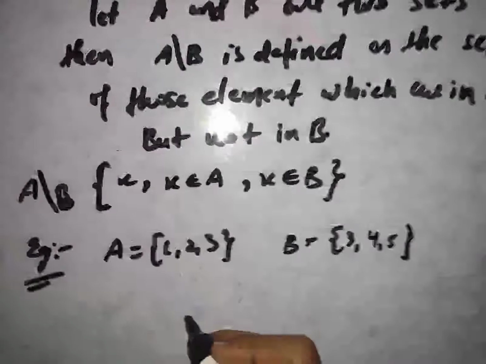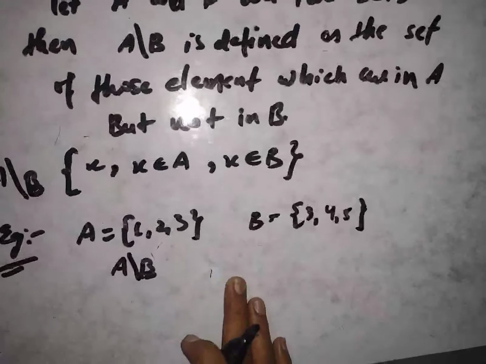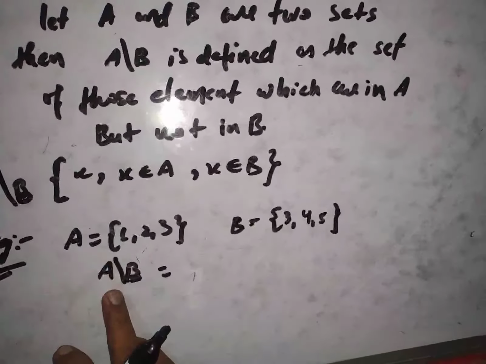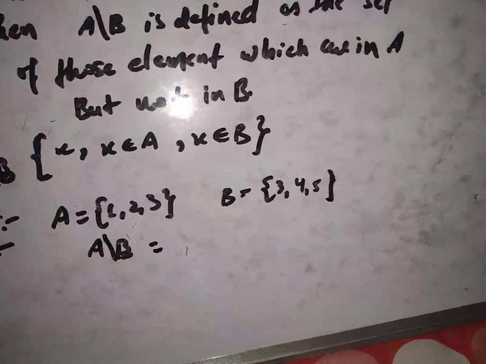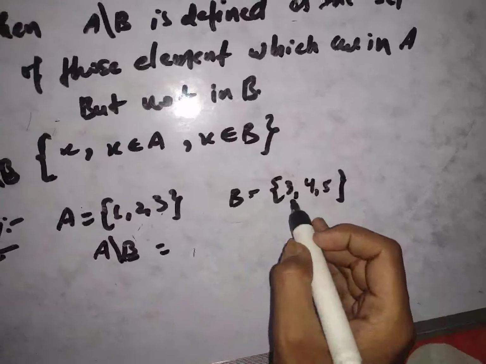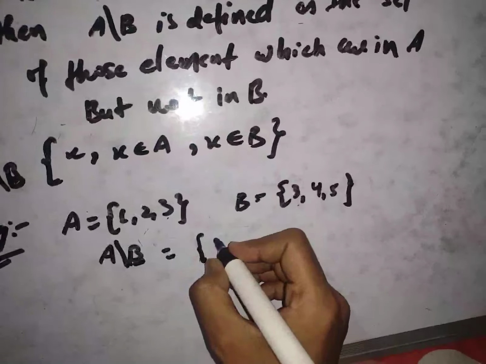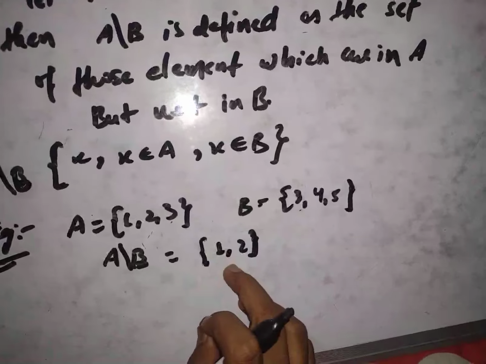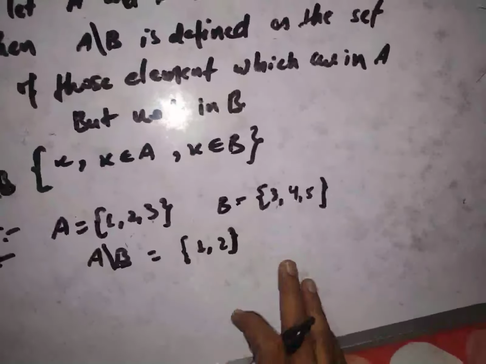Then A difference B will be the set that contains elements of A but not the elements of B. So 3 is a part of B, so A difference B will be just 1 and 2, because these are the unique elements that are just in set A and they are not in set B.